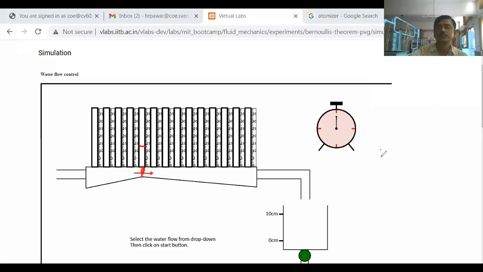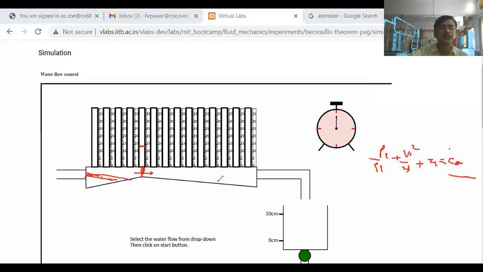According to the Bernoulli's theorem, P upon rho g plus V square upon 2g plus Z is equal to constant, or P1 upon rho g plus V1 square upon 2g plus Z1 is equal to P2 upon rho g, that equation. Now here, as the pipe is horizontal, you can take these values also.